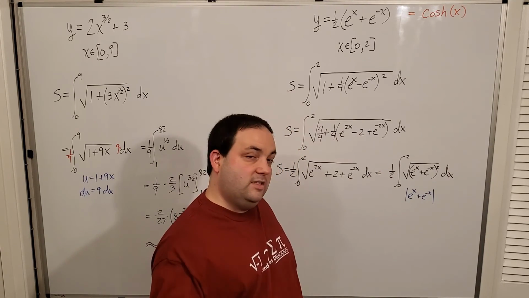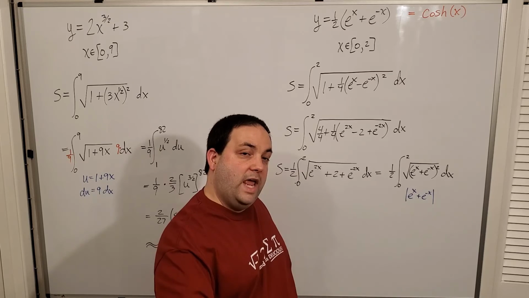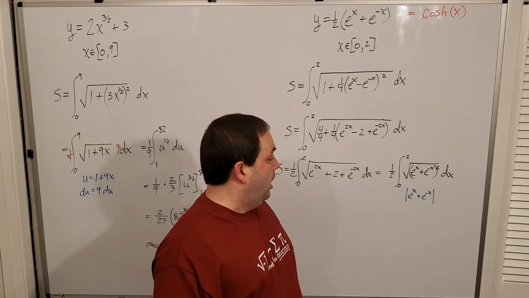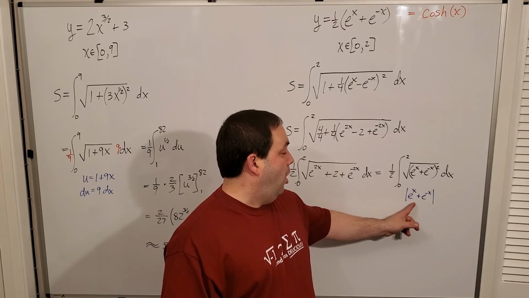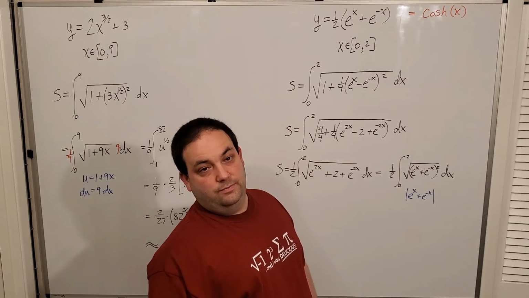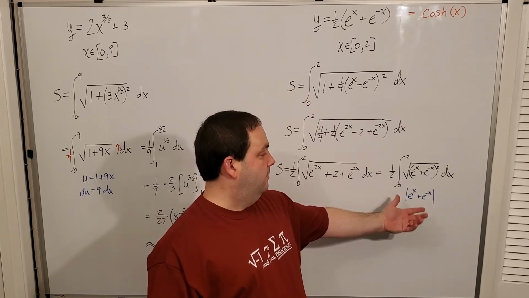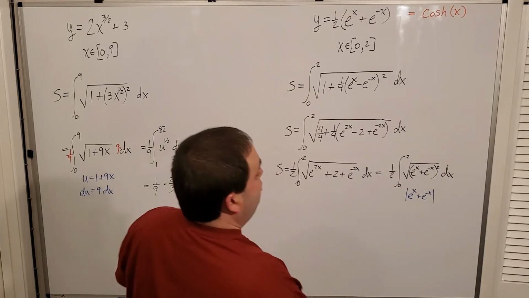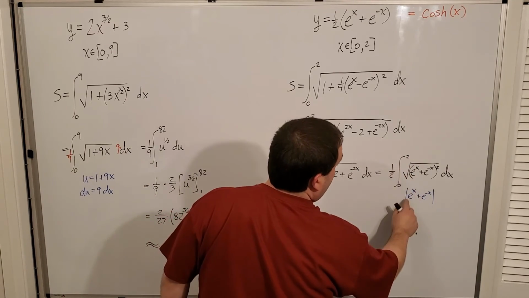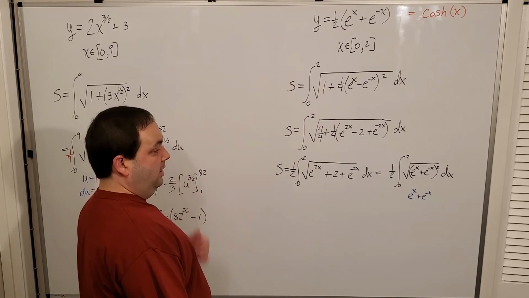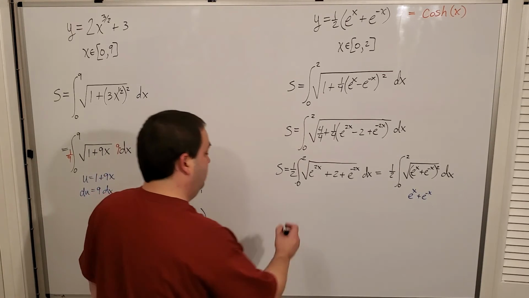So if this integral were to ever go negative, I would have to split it into multiple pieces. However, we're lucky. Exponentials always give positive values, right? And they're being added, so the whole thing is going to be positive guaranteed. Therefore, I can just do the integral of just this, e to the x plus e to the negative x.